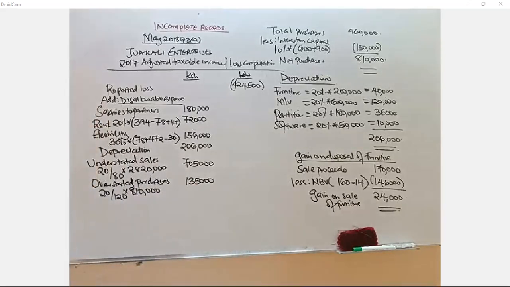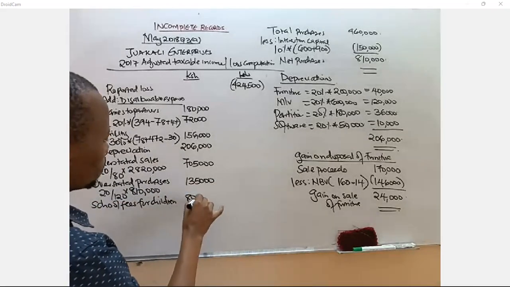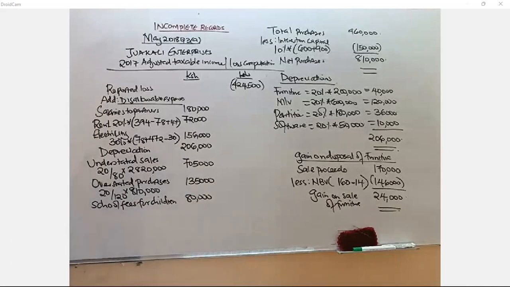Now, after the purchases, we can go to note number 2 and analyze it. We can see that we have some school fees for children, which is a disallowable expense, right, amounting to 80,000. The other one we are discussing is the purchase of goods, 200,000.